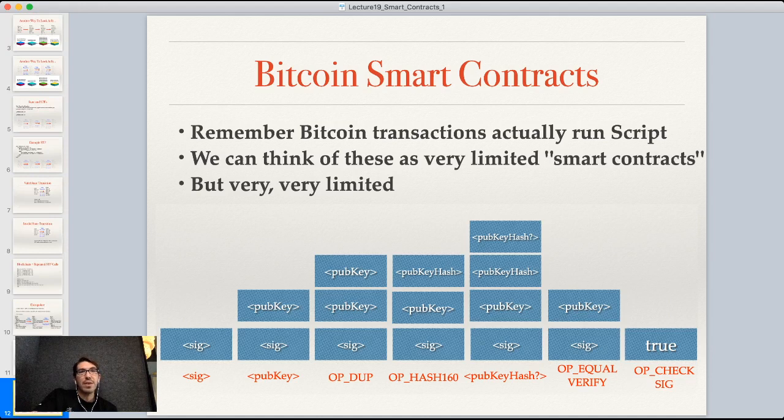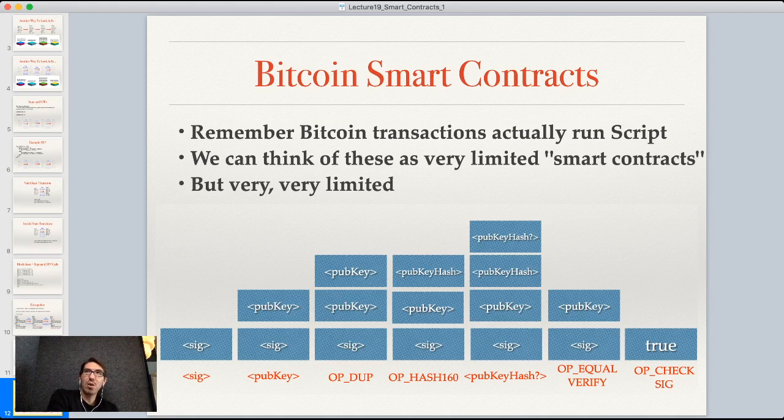If you think about it, in some sense, Bitcoin actually is capable of running very limited smart contracts, since Bitcoin transactions actually run, you remember Bitcoin script, which is a stack-based language. It's very, very limited, though, in what you can do and in what nodes will actually accept as your script.